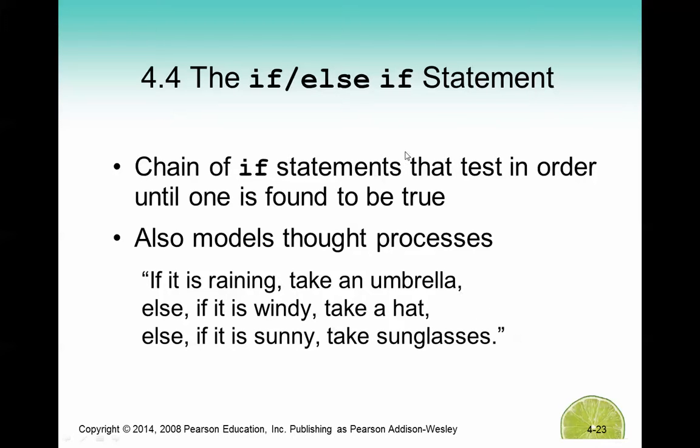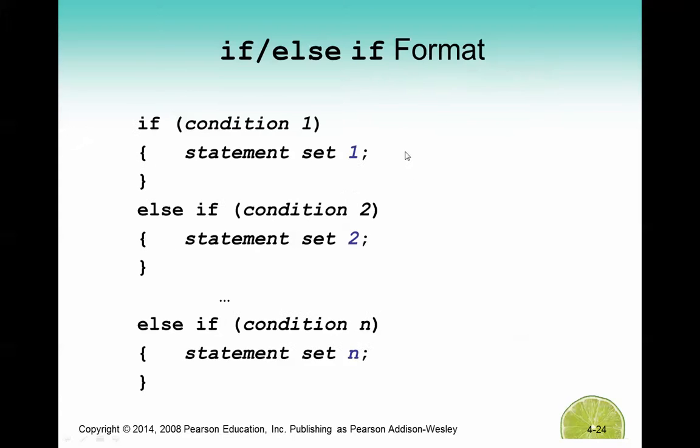So this is how the if-else if is going to work. How are we going to code it? We're going to type if. We are going to be testing here a condition. Like in this case, it will be, is it raining? If it is, we're going to put here, take the umbrella. Else if, immediately on this same line, we're going to put if, and we're going to test the second question. Is it windy?